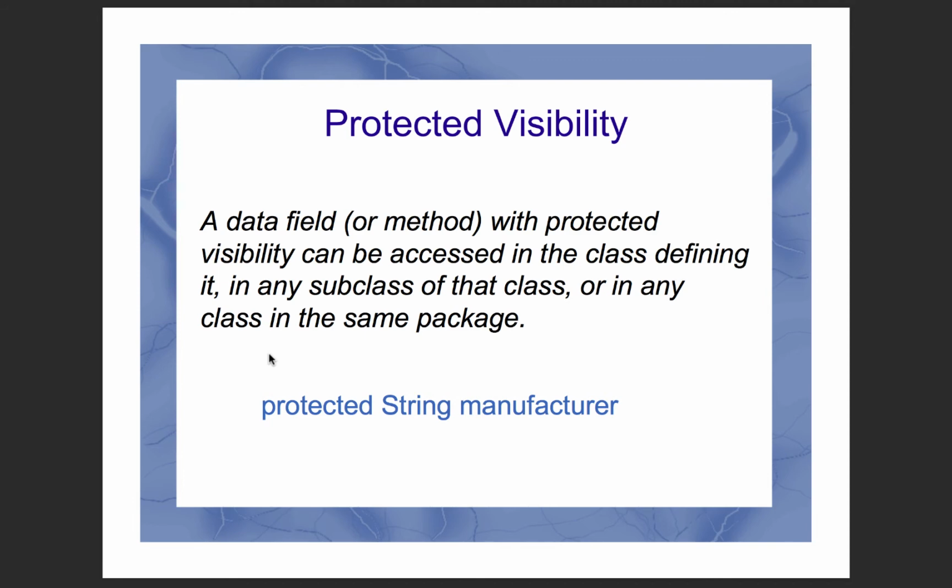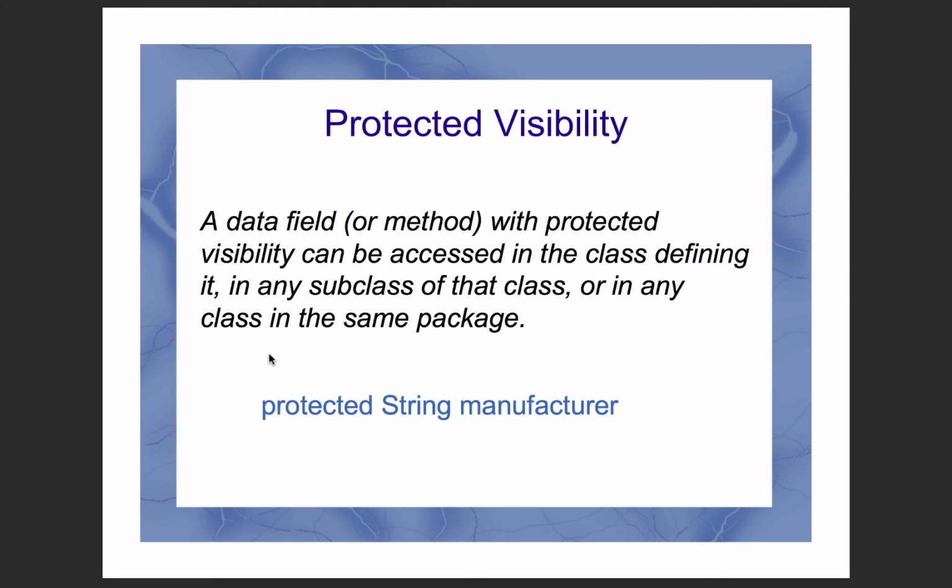So far you have seen in your previous course how to use the public specifier, or modifier, then private, and another one is protected. So protected visibility works like this: you can declare any data or method with protected visibility that can be accessed in the class defining it, in any subclass of that class, or in any class in the same package.